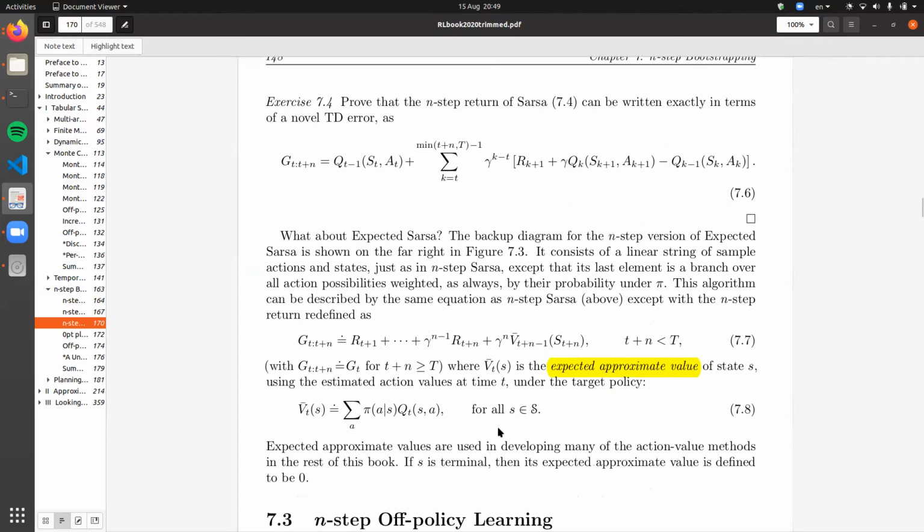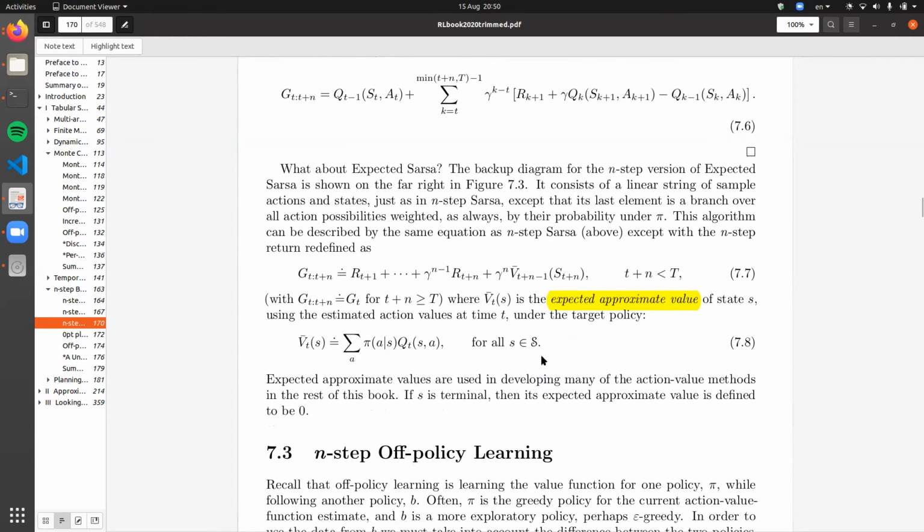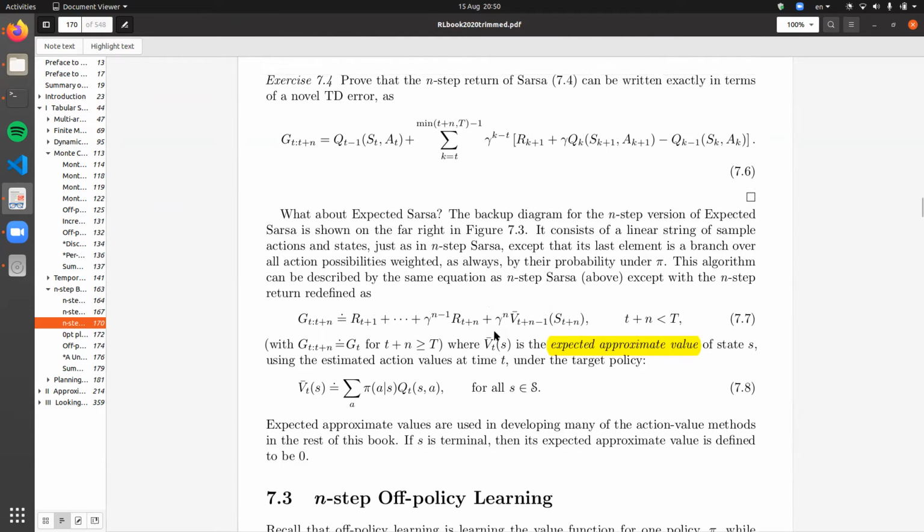And the expected approximate value is just what we had before for Sarsa. It's a sum over all actions for state S, a weighted sum by the probability of the action times the Q of the state action pair, right? And that's how it's different mathematically from the regular Sarsa.